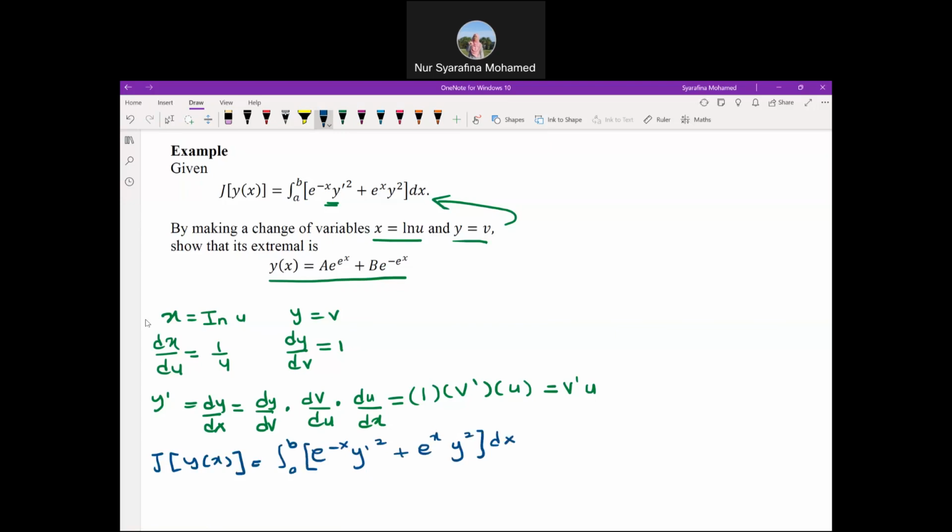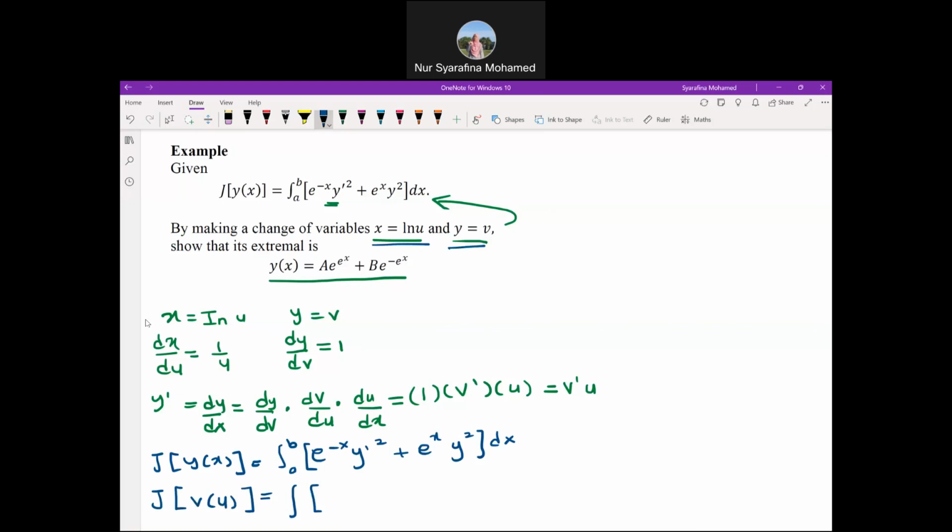Now we substitute. Instead of having a functional in terms of x and y, we want to change this functional J(y) to V now, and V is in terms of u, because y is in terms of v, x is in terms of u.